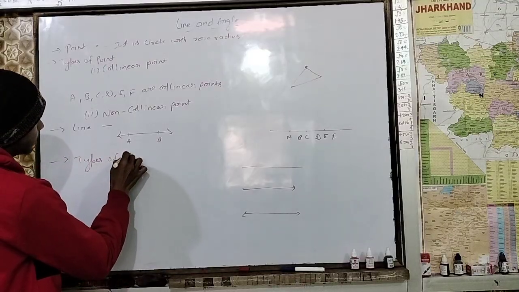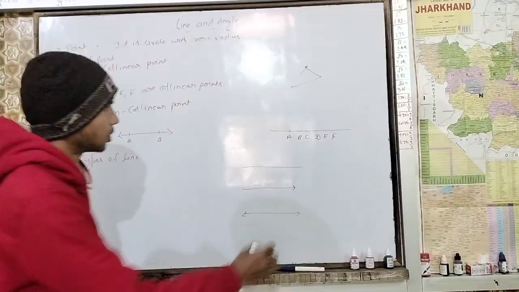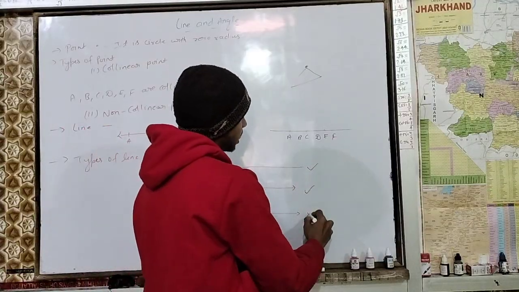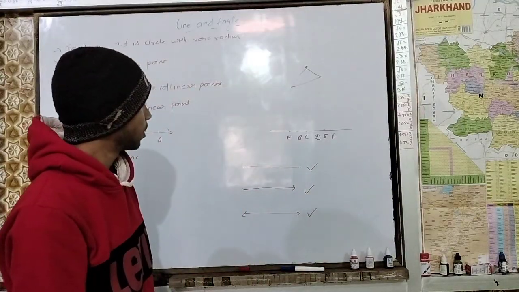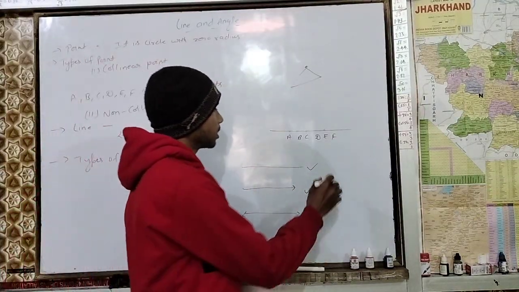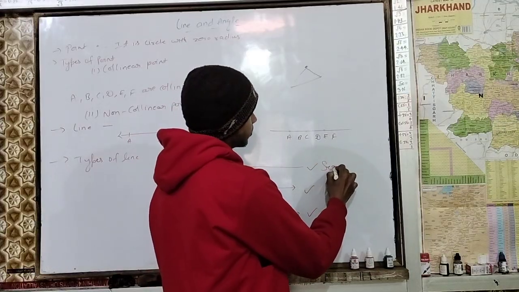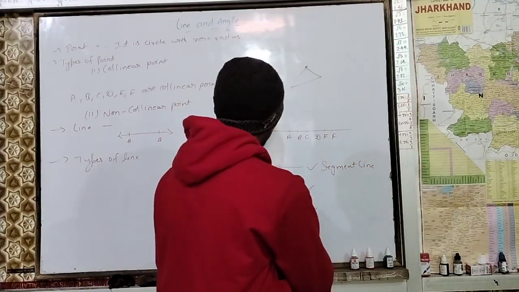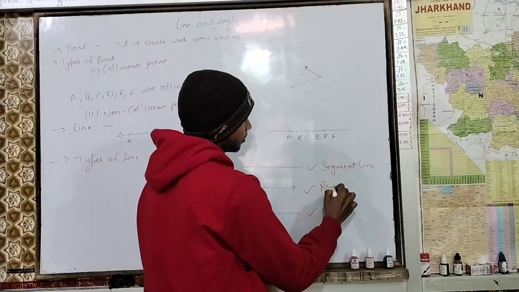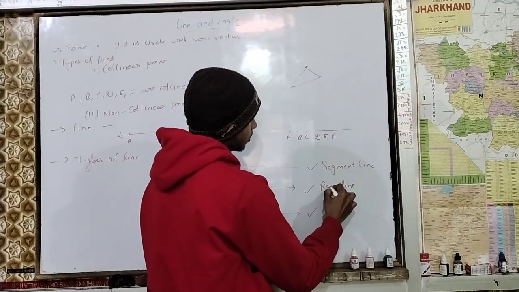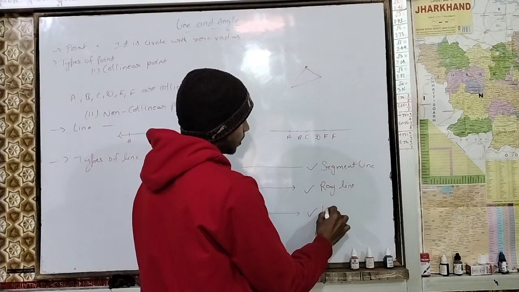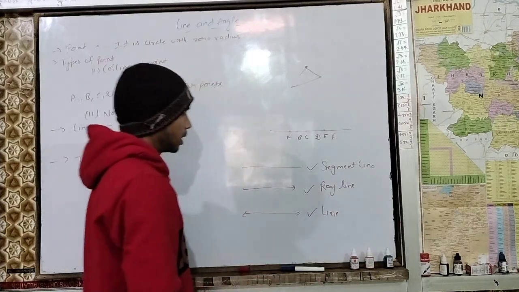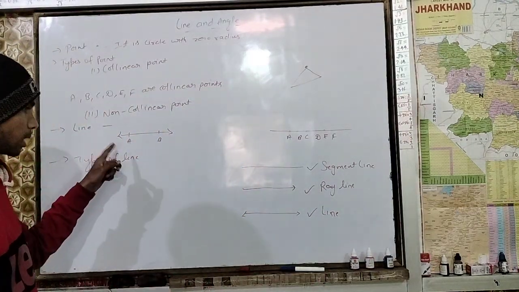There are three types of line. This one, this second, and this third. This first is known as segment line. And second is known as ray line. And third is known as simple line, that we discussed right now.